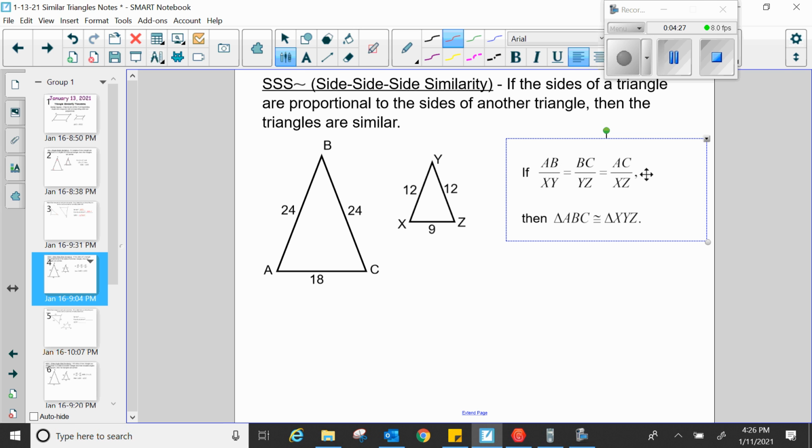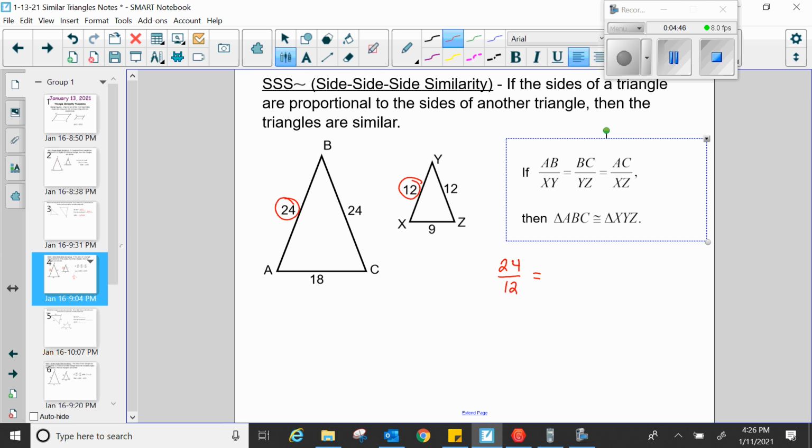So if we plug in numbers for these right here, we're going to see that they all reduce to the same fraction. So that means they're proportional. So where it says AB over XY, I'm going to put 24 over 12 because I got them from right here.